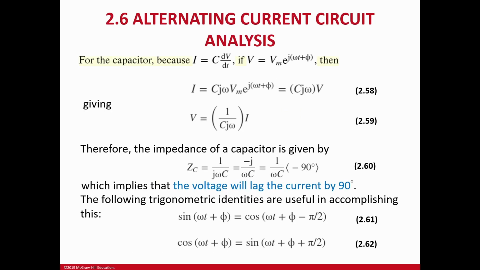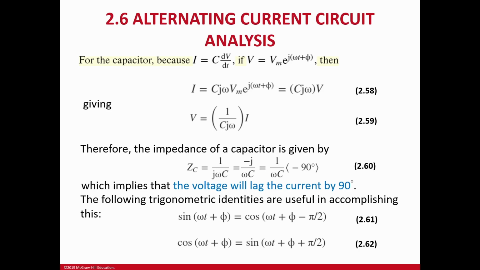On the other side, for the capacitor, because the voltage is the integral of the current, after you do the integral of the current, the j omega will be coming to the denominator.